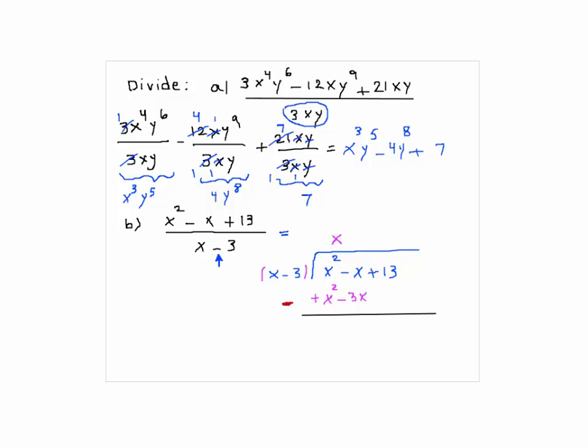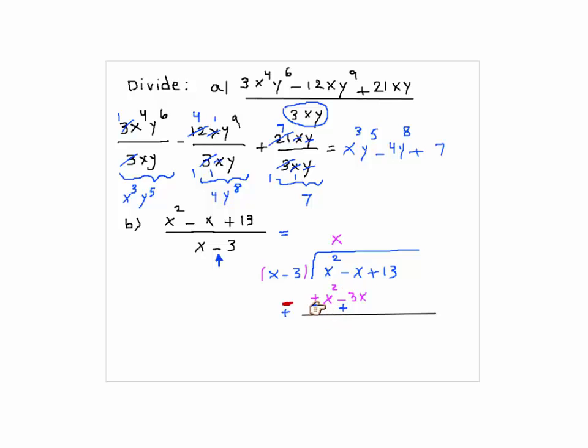Okay, to subtract, you have to change the subtraction to addition and change the sign of the second row into its opposite sign. This becomes minus, this becomes plus, and then just simply add these two rows together. Okay. The answer is positive 2x plus 13. Okay, very good.